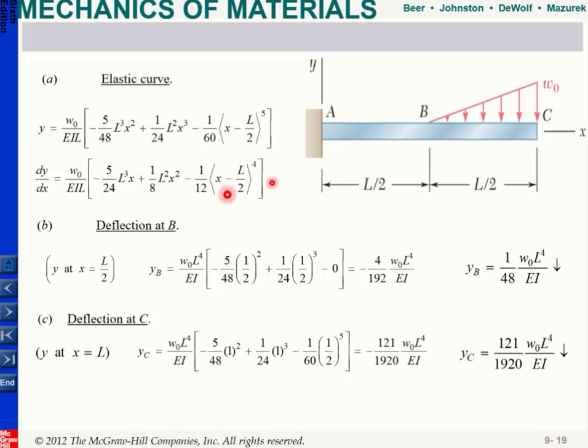Sometimes we get lucky and we can find all the unknowns, but sometimes what we need to do is divide into a couple of sections, and then use the continuity. Like at point B, the deflection and the slope should be the same, both on the left and the right side of B. So it makes our life easier if we use our singularity functions.